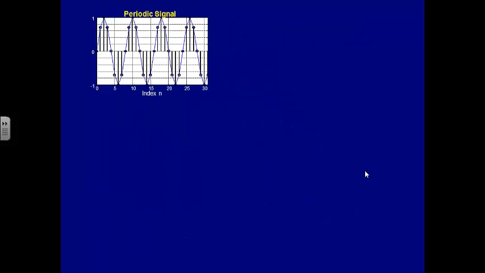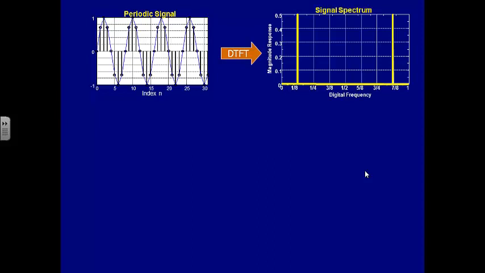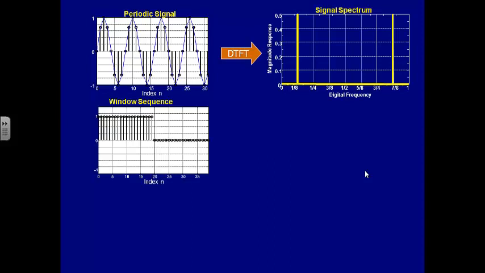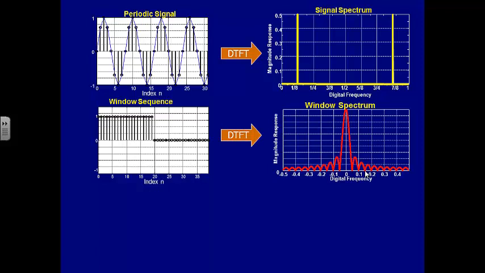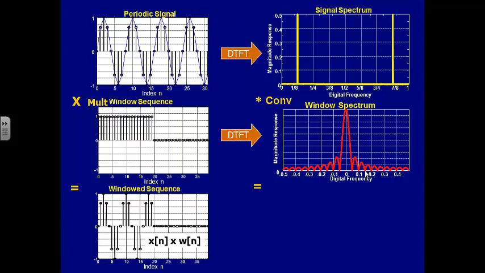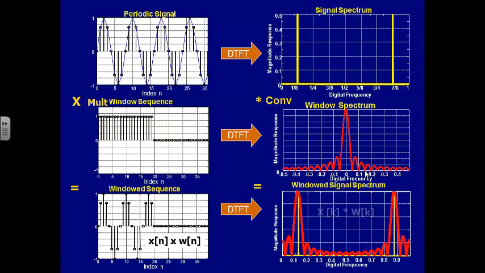So if I take this signal with a beautiful transform and multiply it by a window function, even a rectangular window function, to truncate it, that has a sinc-like Fourier transform, the result, a truncated sine wave, is this spectrum convolved with that spectrum. Think of these as impulses. I'm going to pick this up and make a copy here, pick it up and make a copy there, and have all these little bumps and doodads.